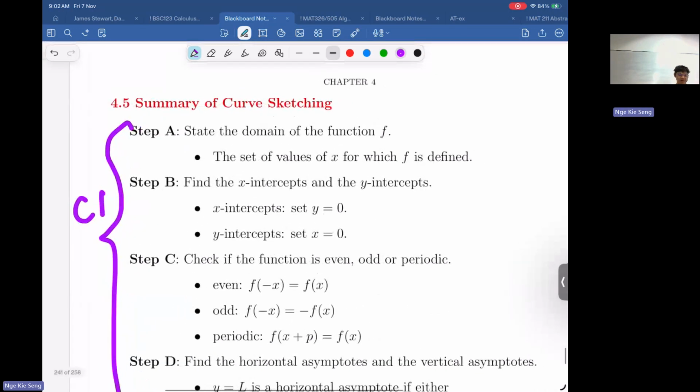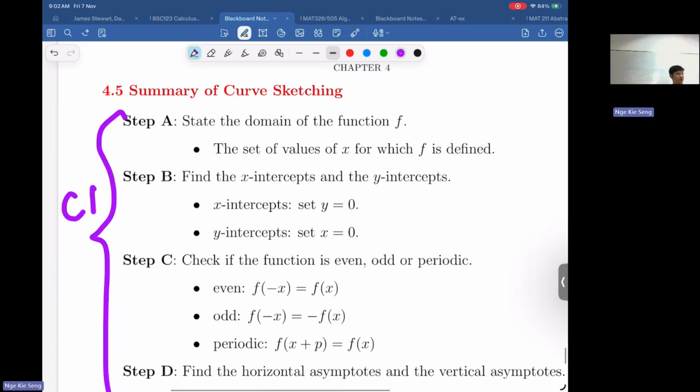So the first step is to determine at what points f is defined. This is called the domain. Step B is to see where the function intersects the x-axis and y-axis. Step C is to see whether this function has any pattern.